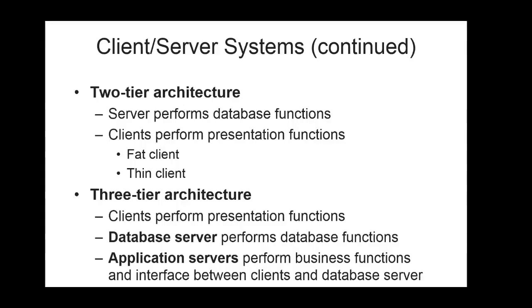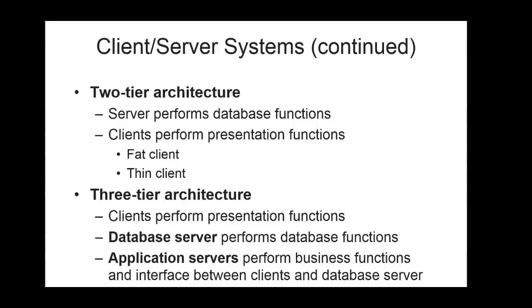In a two-tier architecture, the server performs database functions and the client performs the presentation or user interface functions. When the client actually performs the business function, each client is called a fat client in this arrangement.